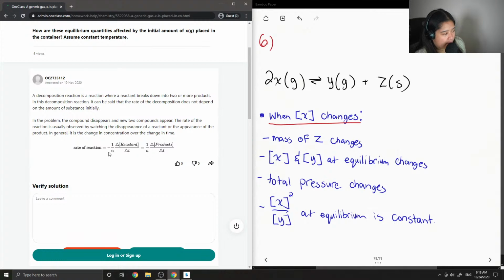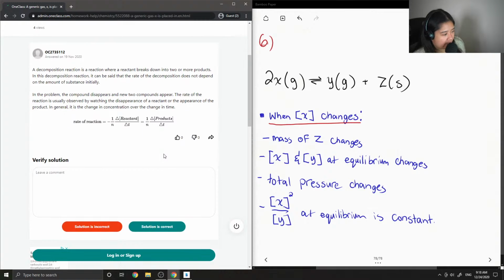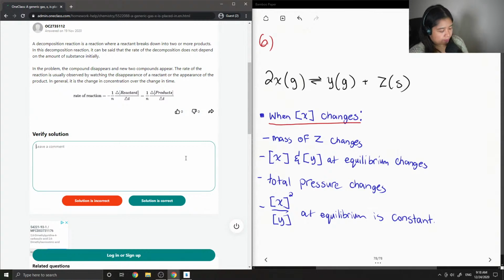Okay, so they show how you would find the rate of the reaction is equal to minus 1 over n times the change in concentration of reactant divided by the change in time, which should also be the same rate as the change in the concentration of products over the change in time. Yep, so this solution is correct.